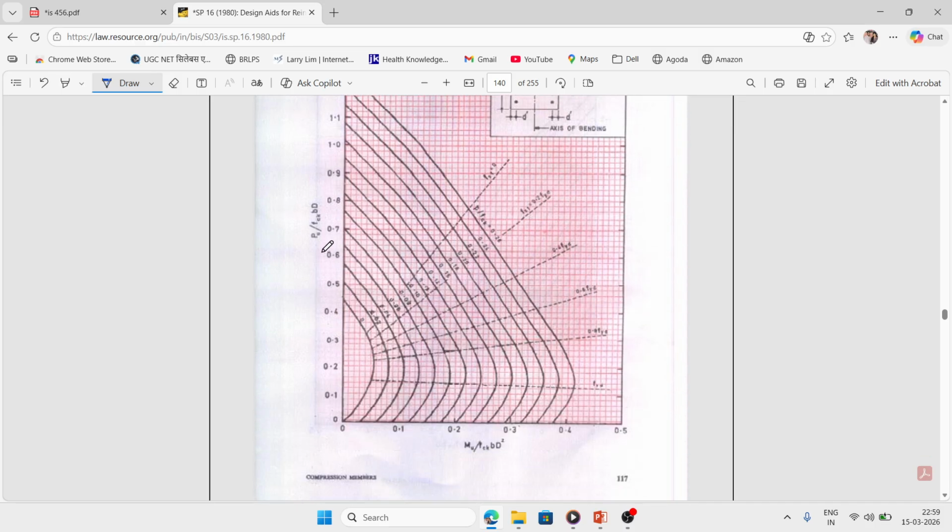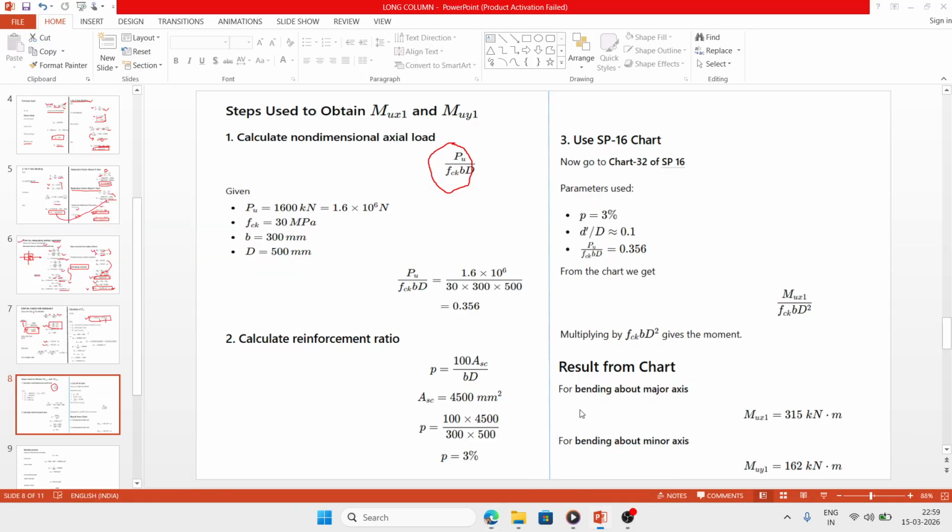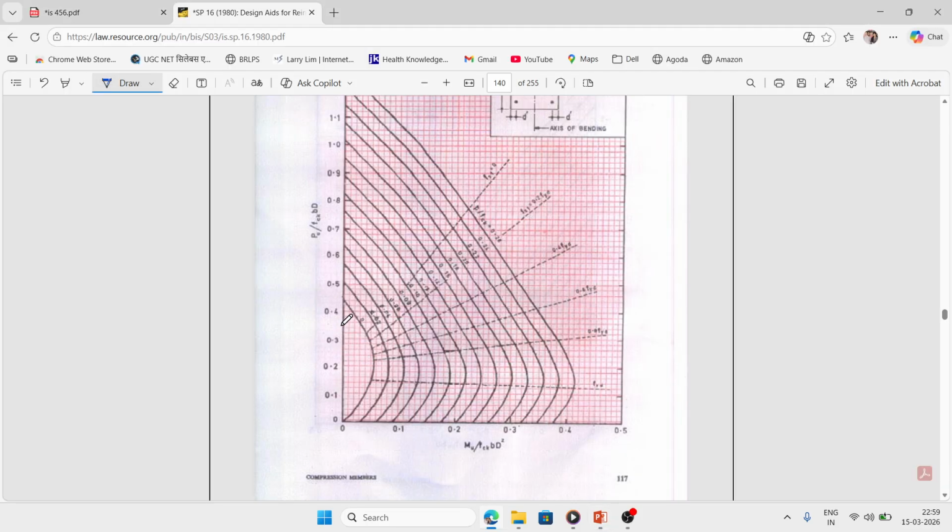So what you have to do: Pu by fck bD, the value we have already found out, that we just got, 0.356. Corresponding to that value, 0.356, you have to go in this chart, and this chart is Pt by fck.